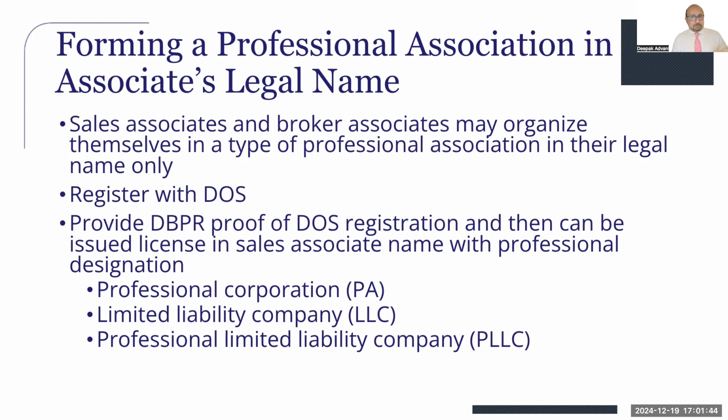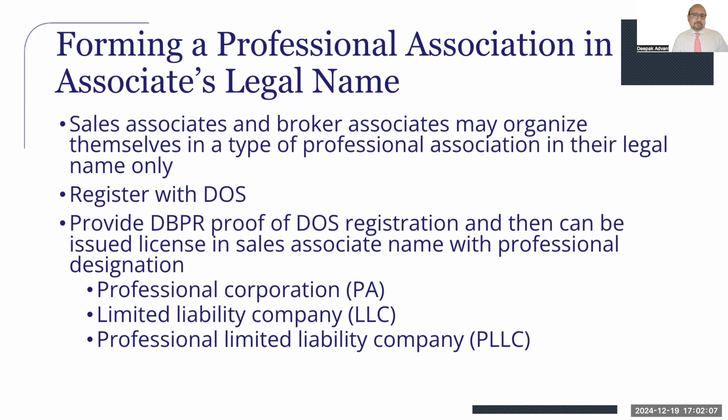The DBPR has to be provided proof that the PA, the professional association, has been registered with the Department of State. Okay. So there are a few examples of how they can be registered. One of them is a professional corporation.